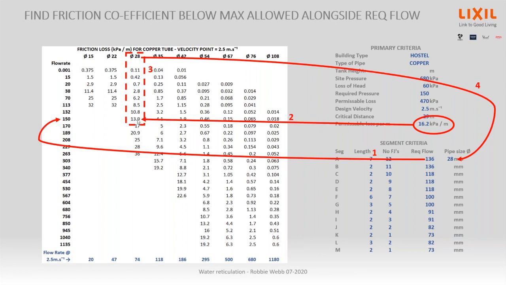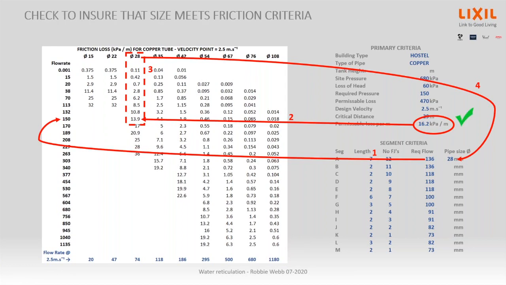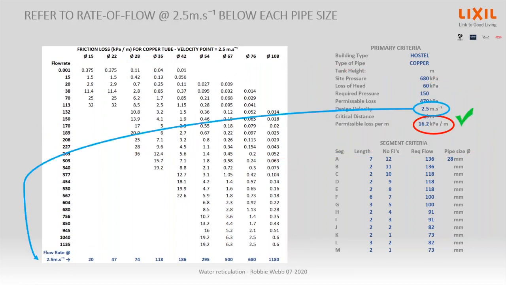But we've got a second criteria to fill. Remember, we don't want that water to go faster than 2.5 meters per second. So let's check that now. Friction's good. Now we're going to check velocity. We go on the bottom here at 2.5 meters per second.